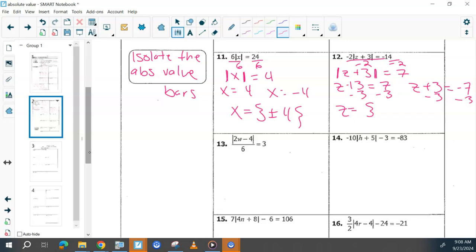I'm sorry, +4 is one of them, but this one gives us -4. -10, yes. What questions do we have on that one? Yes. So how do we get to -10? -7 minus 3.